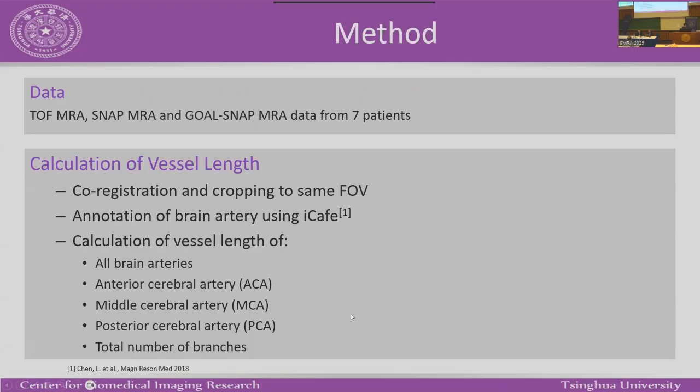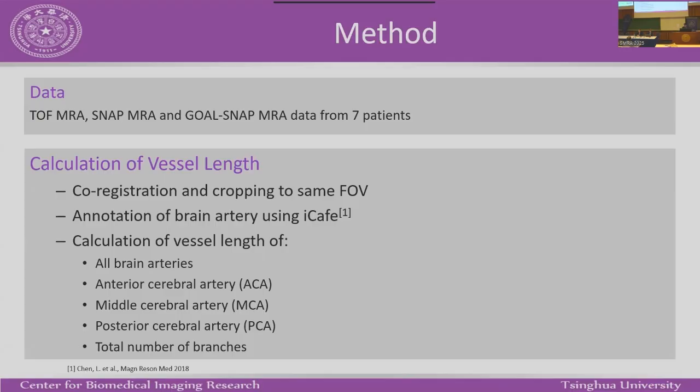We acquired data from 7 patients, each with all 3 sequences, including TOF, SNAP, and GoSNAP. To calculate the vessel length, we co-registered all images of each patient using SimpleITK, and cropped the FOV to the same level, and analyzed using ICAFA, a software for manual intracranial artery tracking and feature extraction by a junior reviewer under guidance of a senior radiologist.